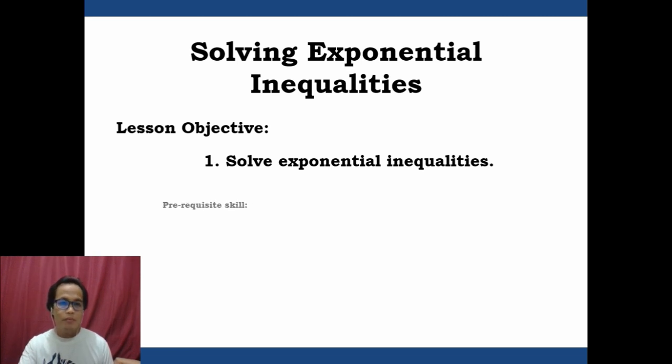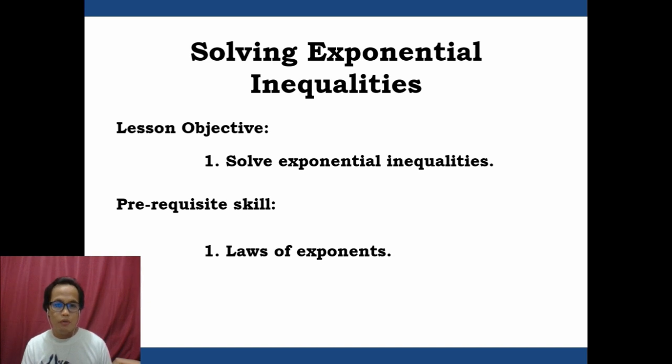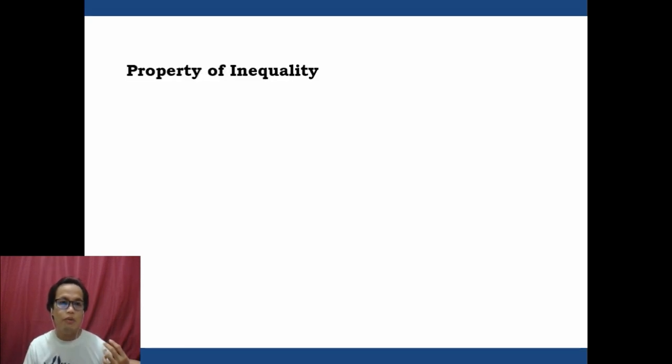Now, the prerequisite skill is also the knowledge of the laws of exponents. There are 7 laws of exponents. So, kinahanglan makaibaw ta ato mga previous na mga discussion, especially sa junior high school about the laws of exponents. So, ari ta una sa property of inequality.